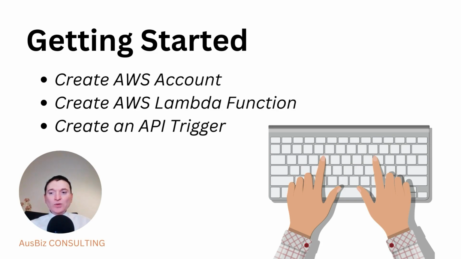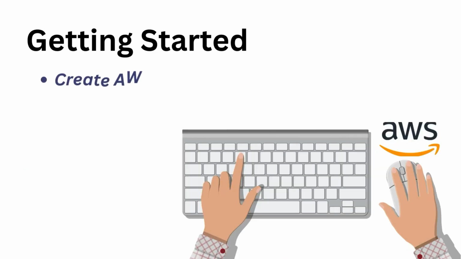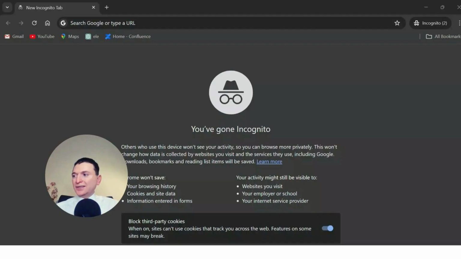Then, we will create a simple function in Python using an AWS Lambda function. And then we will create an API and get this tested. So let's get started.